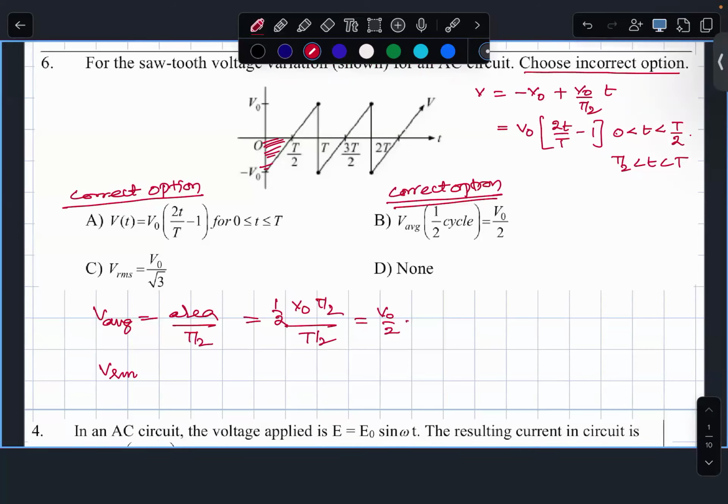So, VRMS is under root 0 to T by 2 V naught square 4T square by T square plus 1 minus 4T by capital T, T by T by 2.